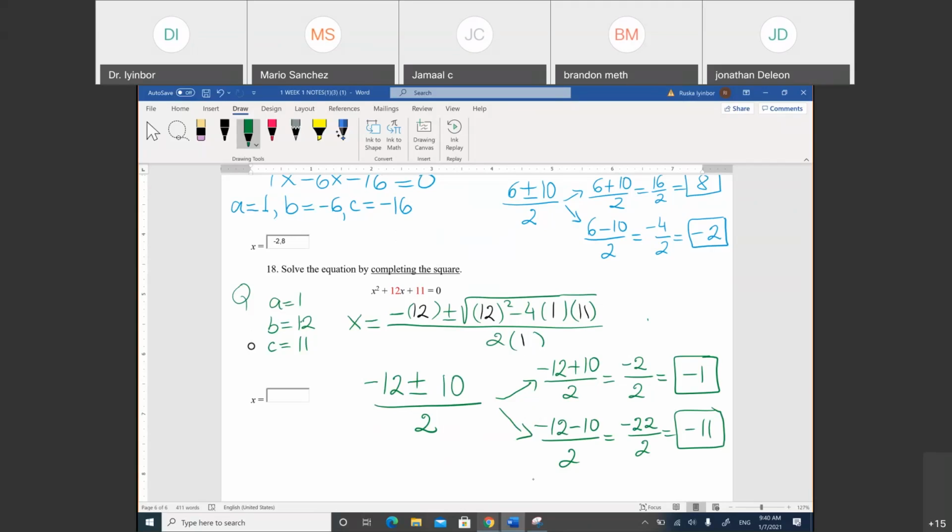And if you have C equals 0, which means you have only x and x squared, no number, then you can just factor out x, and that's how you solve it. Okay? So this concludes the lecture for week 1, and I'm going to stop here.